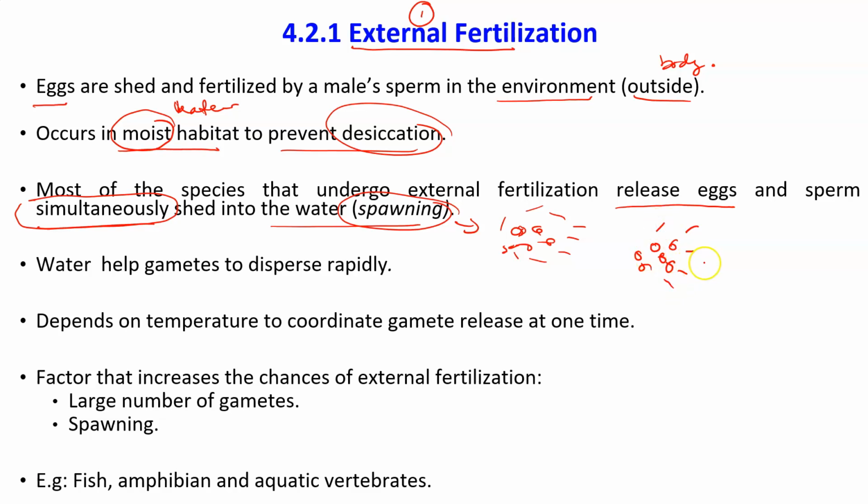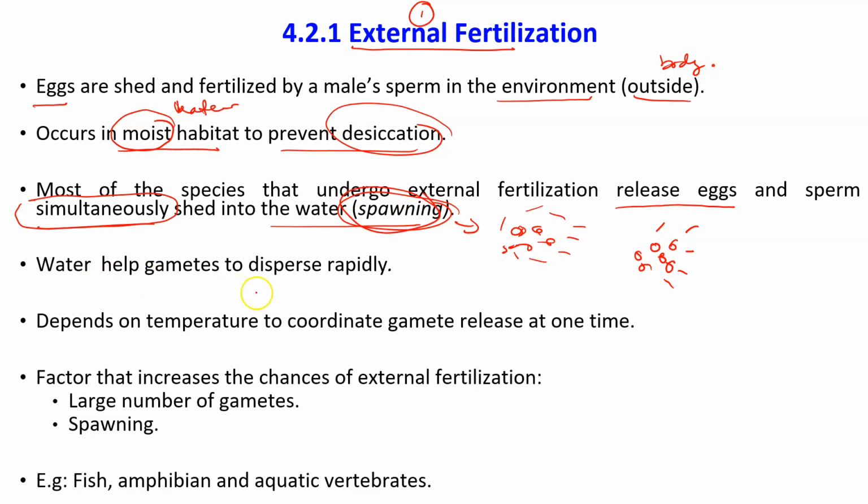The male cannot release sperm first and then followed by eggs. Sebab apa? Sperm akan swim dulu, lepas baru nak telur tu dilepaskan, tak boleh lah, kan? So the egg will be released first, followed by the sperm, but it occurs simultaneously. This is what we call spawning.